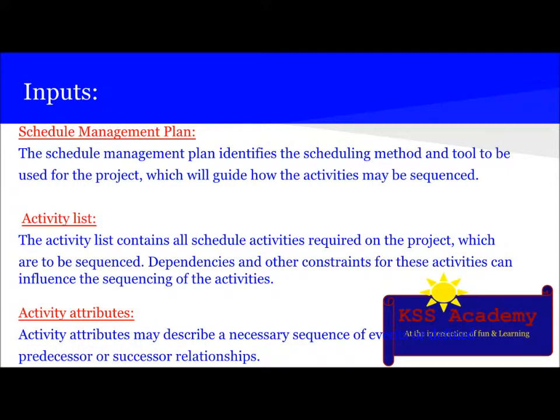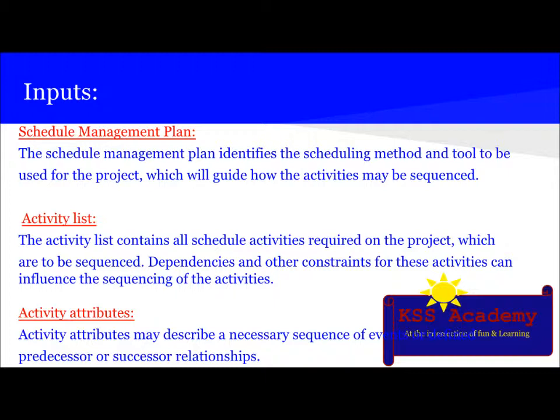The second input is the activity list. The activity list contains all schedule activities required on the project which are to be sequenced. Dependencies and other constraints for these activities can influence the sequence of activities. Another input is activity attributes.